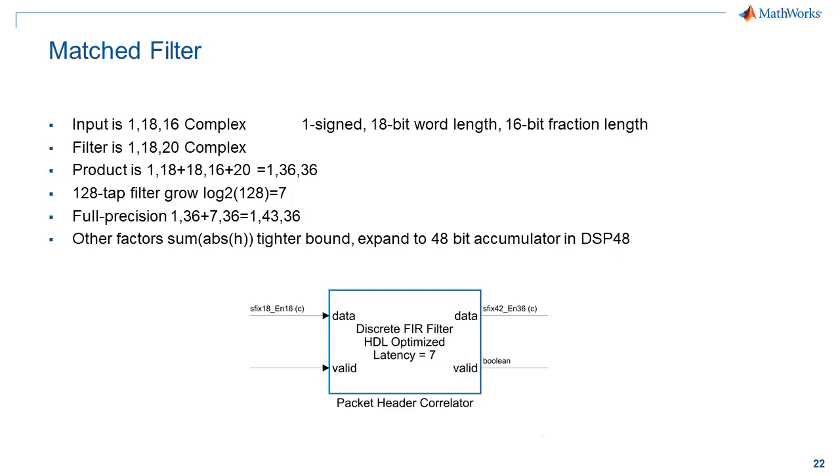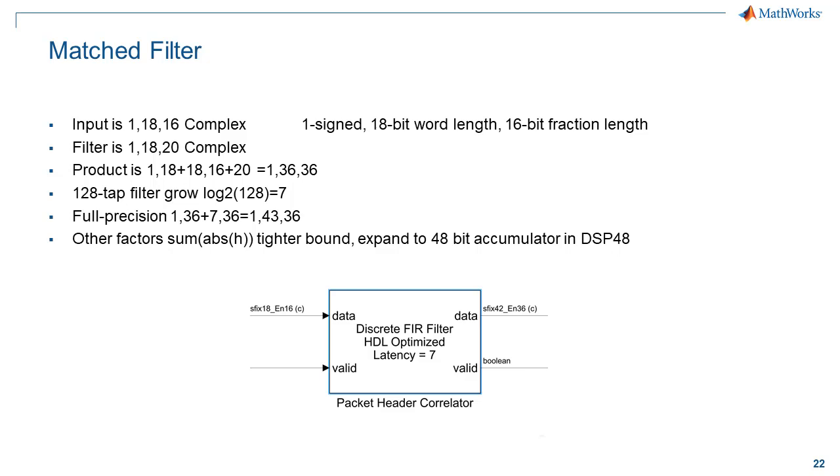So you would have a 36-bit number with 36 bits fraction. Okay. And in this example, we actually have a 128 tap filter, and the maximum growth of that would be the log 2 of 128, or 7 bits. So if you actually want to do the bookkeeping derivation, the full precision result is 43, 36.